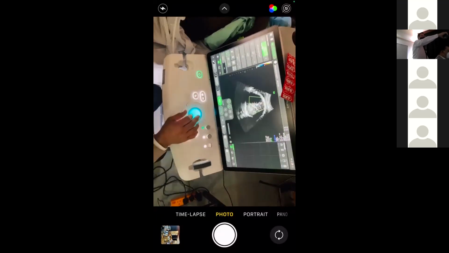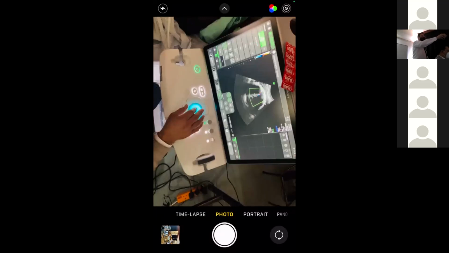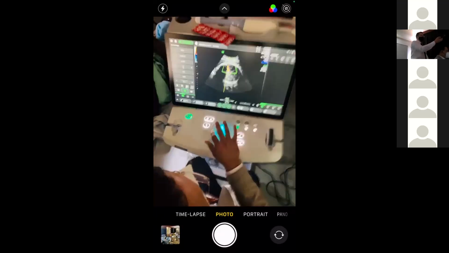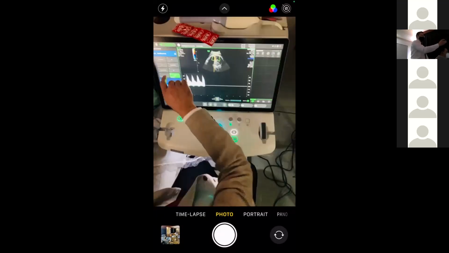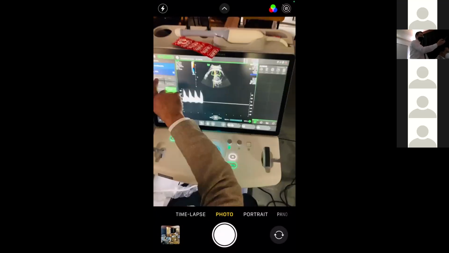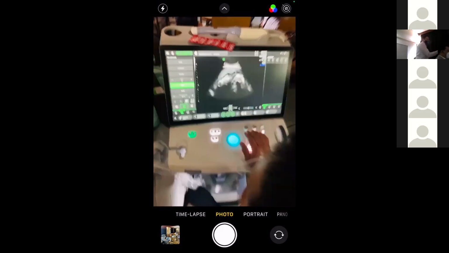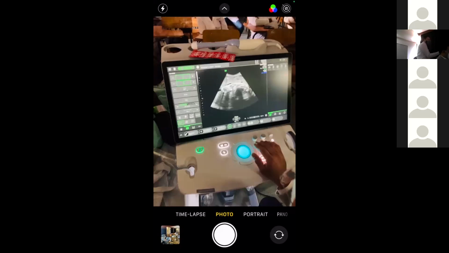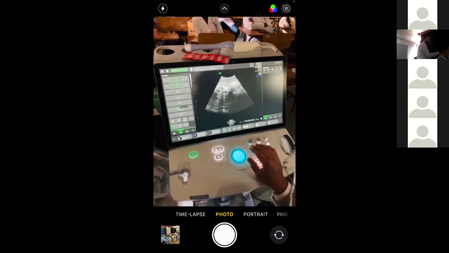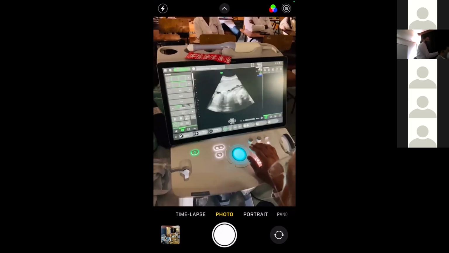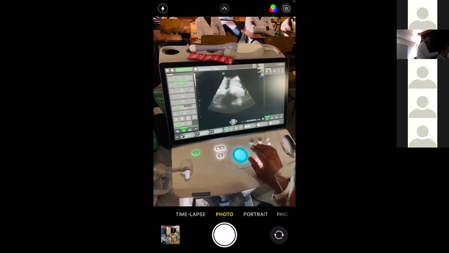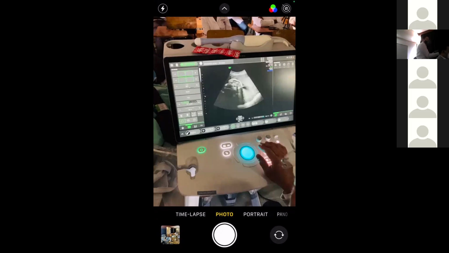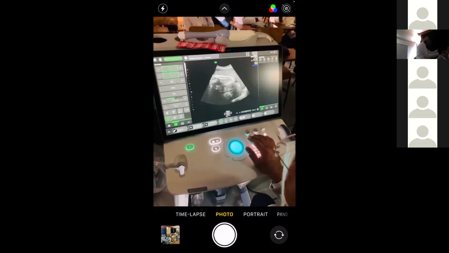That's the circle of Willis here. Go down across the mother's abdomen and measure the femur, and then come back to the abdomen because there is a problem in the abdomen here that I'm going to note.